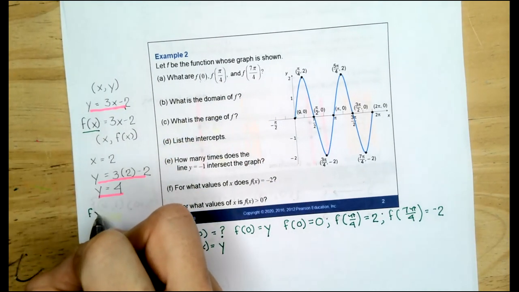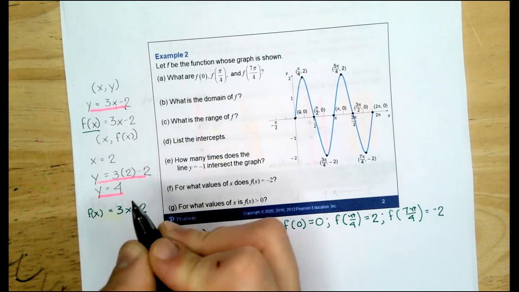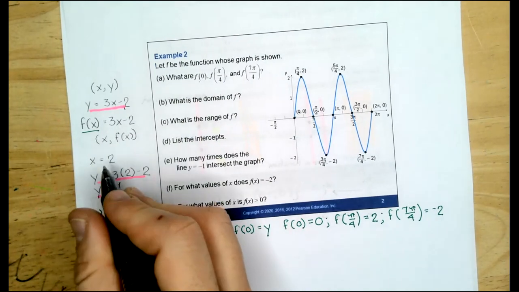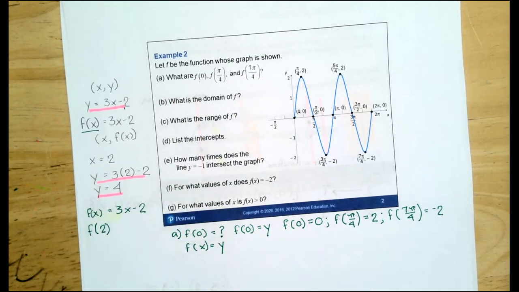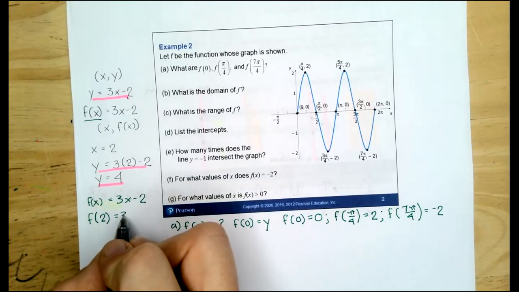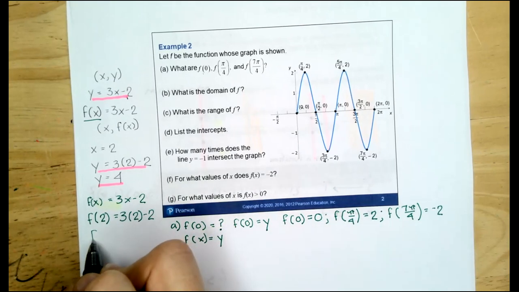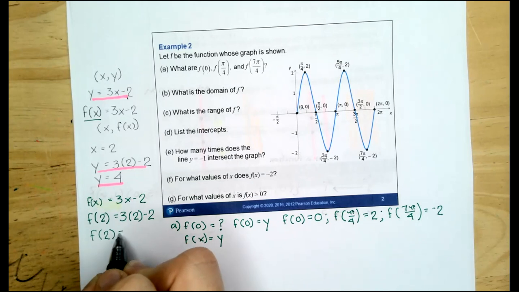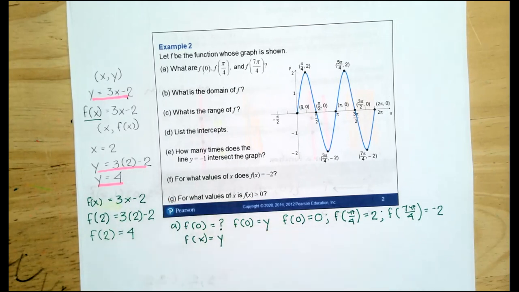So f of x equals 3x minus 2. When x is 2, we call that f of 2. So instead of x, I put a 2. Instead of f of x, I say f of 2 equals 3 times 2 minus 2, right? So f of 2 is 4. Same exact answer, just a different way to write it, okay?